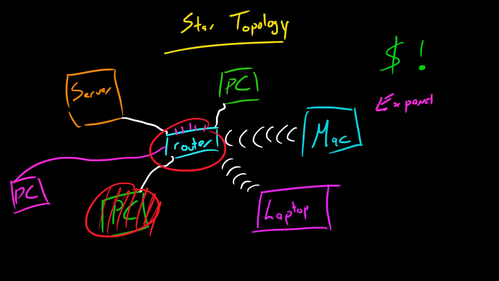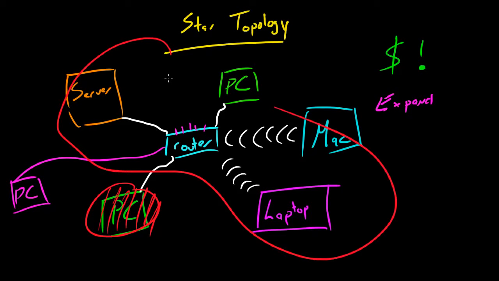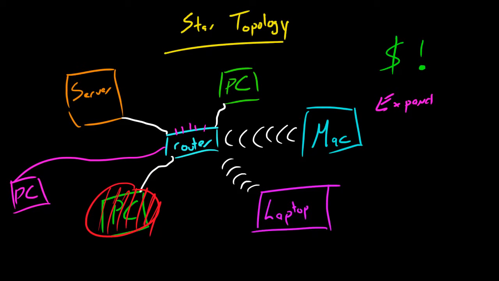It doesn't affect the router, it doesn't affect your server or anyone else's PC. And that's why not only is it easy to fix, but it's also easy to identify. And unlike before where this was a crucial part of the network, this can go down. You can even sell it or remove it completely, and the rest of your network right here is going to work just fine.